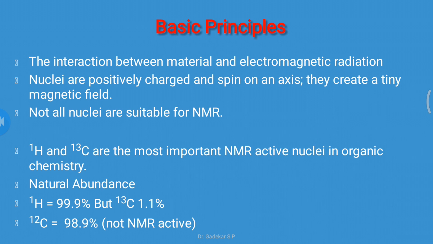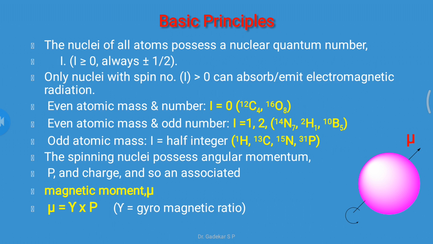Next, the basic principle. The nuclei of all atoms possess a nuclear spin quantum number, represented by I. If I is greater than 0, they are magnetically active and generate an electromagnetic field.